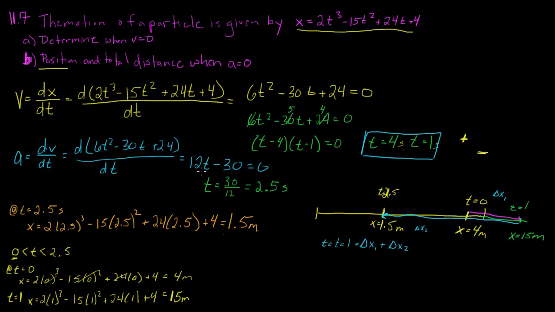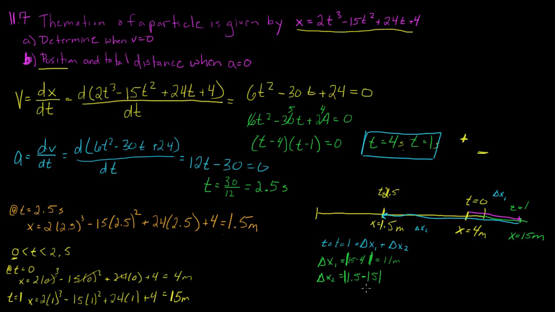Now we look at delta x1. It is our final minus our initial, and because it's the total distance traveled, it's the absolute value of these two numbers. Our final is 15, our initial is 4. 15 minus 4 is 11 meters. Our delta x2 is our final position, 1.5, minus our initial position, which was 15.